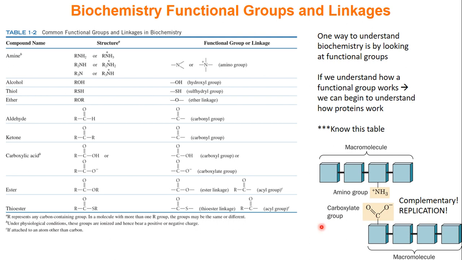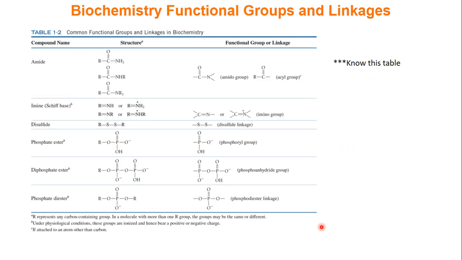And this complementary nature can lead to replication, because let's say you have two strands. If these two strands are complementary to each other, well, you only need one strand to determine what the other strand looks like. And we'll get into this topic more in depth in the later chapters.